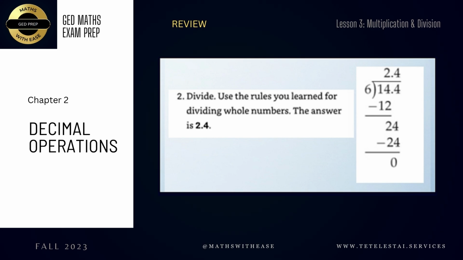You draw your line, and then you subtract 24 from 24, and we have 0 remainder until we have our answer. 6 into 14.4 is 2.4. And you can see that because you placed your decimal point here in advance, you're simply proceeding with the rules of long division as we've learned in chapter 1.